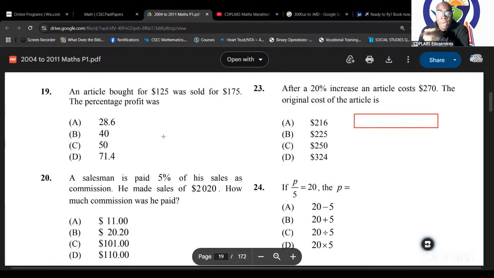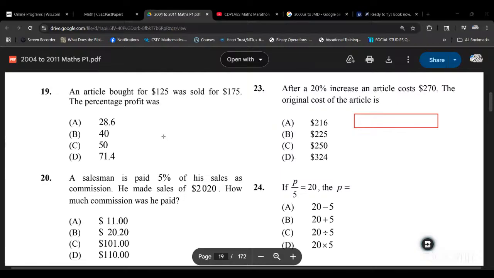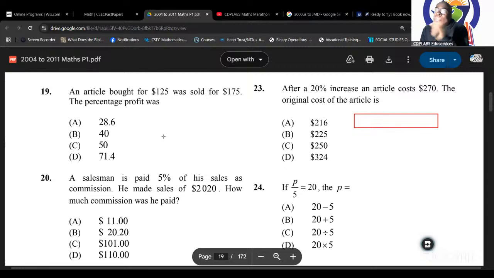The full bar represents 100%. So because of 20%, I'd have to divide it equally to get that 20%. Make sense? Yes, sir.